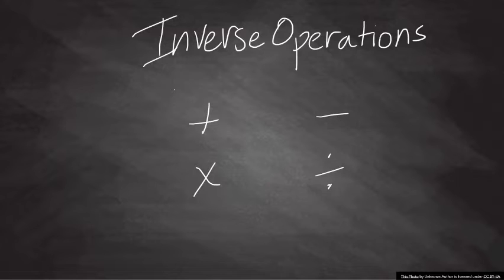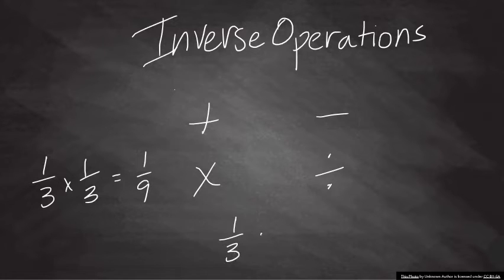So if we know that multiplication and division are inverse operations, and we talked about when we multiply fractions, we're actually dividing, what happens if I need to divide 1/3, say, by 4? 1/3 divided by 4.